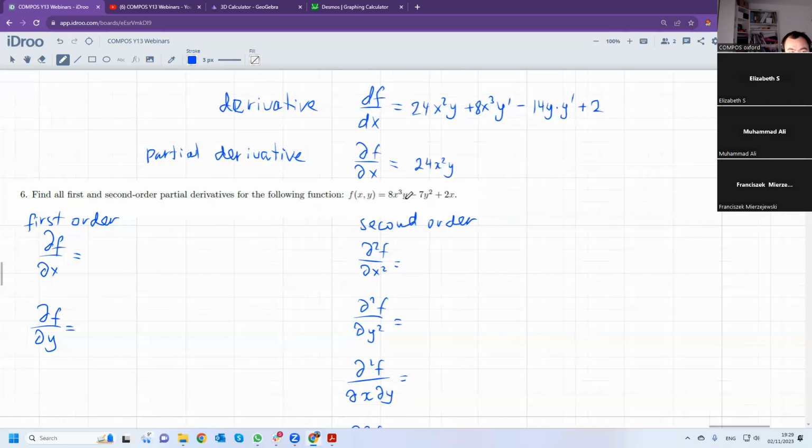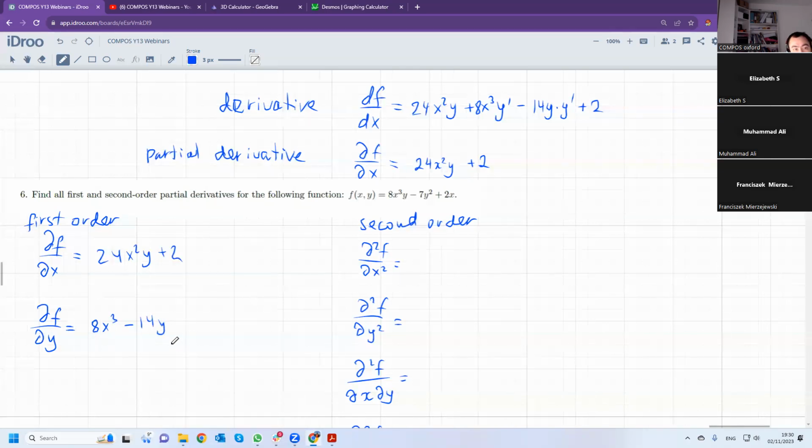We've just treated it as a constant. This is 0 plus 0 plus 2. So partial derivatives, in a way, are much simpler. The partial derivative is 24x squared y plus 2. With respect to y, now I treat x as a constant. So it's going to be 8x cubed minus 14y plus 0.